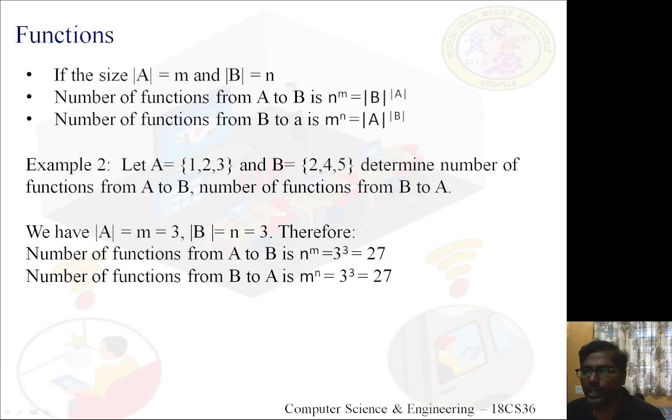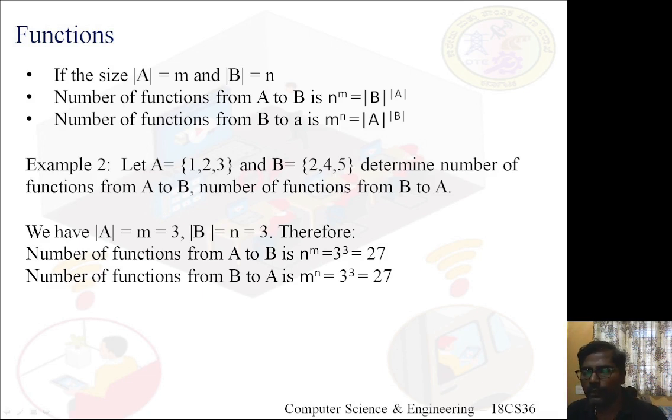So for each element of set A, that is domain, there are n ways to choose an element in B as an image.